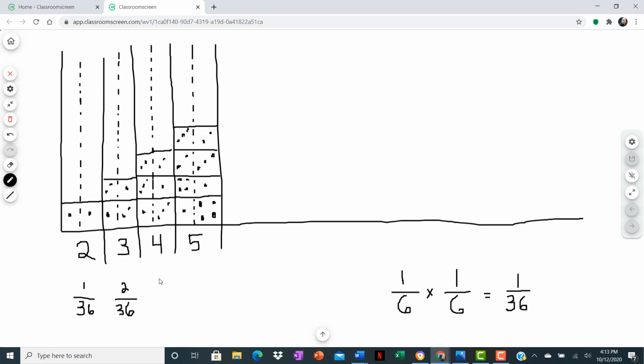You have a 3 in 36 chance of rolling a 4. You have a 4 in 36 chance of rolling a 5. So you can start to see the pattern here. I'm not going to do 6 because I'd like you to do that.